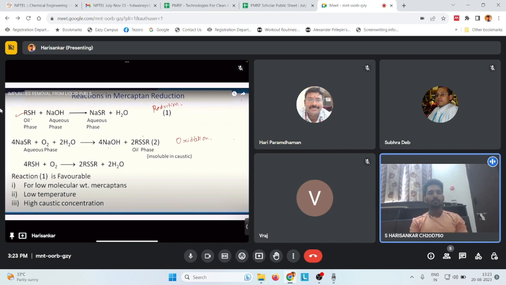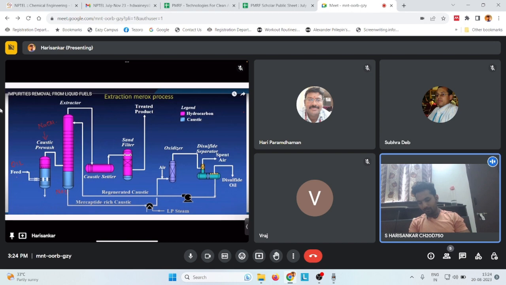So all the mercaptan containing compounds will form this sodium mercaptide and settle at the bottom. And all the oil that doesn't contain the sulfur compounds will settle at the top, and this can be separated through a variety of settlers and filters to get the treated product, which is basically sulfur free.